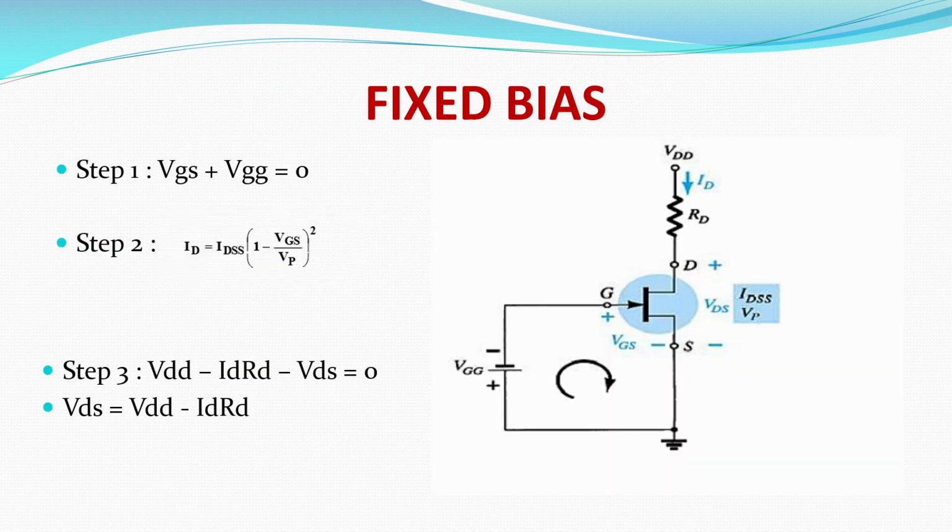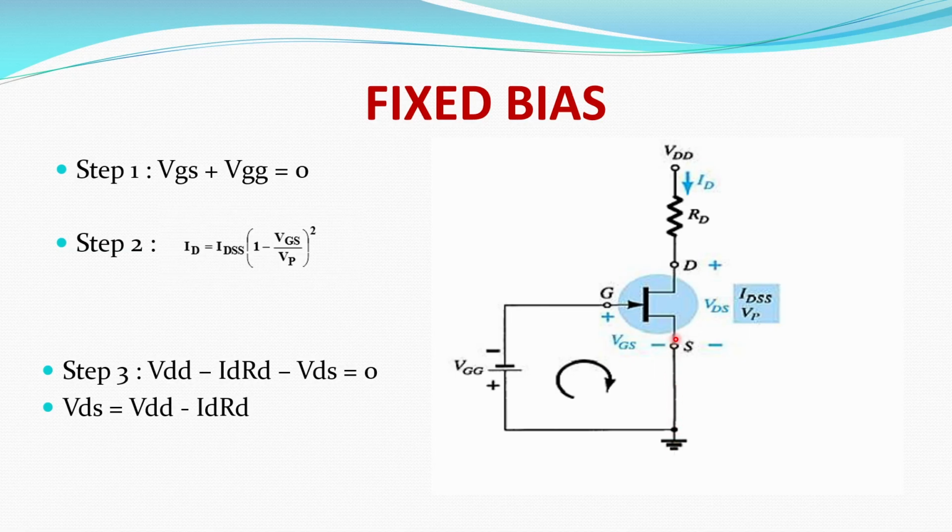First, I am going to discuss the fixed bias method present in the FET amplifier, that is in the JFET amplifier. This is the general circuit of the fixed bias circuit in JFET. In the fixed bias circuit in the previous BJT, the emitter was grounded.